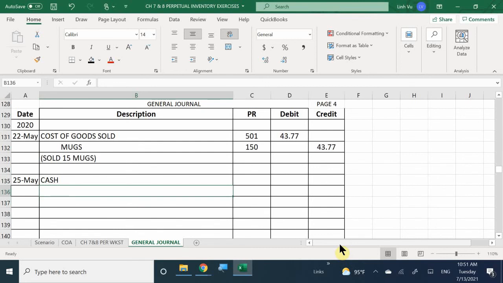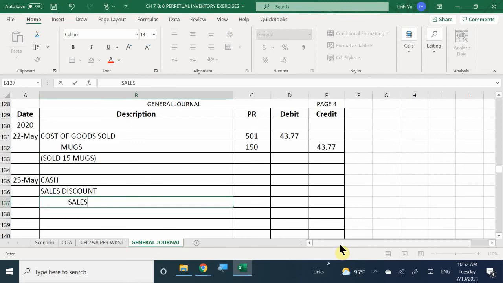Okay, hold on. Let's lay out the journal first, and then we'll talk about one part at a time. So first one is cash. What else do I need to journalize? Sales tax. Not yet. Sales discounts. Correct. And I had sales, right?